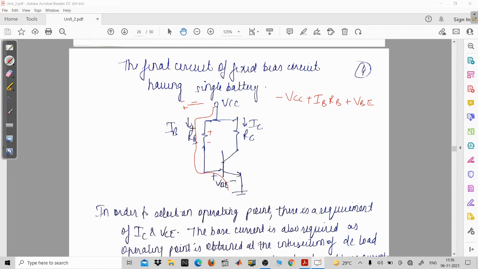For the voltage drop, I always take positive, then plus VBE. So again, you are moving from positive to negative. So that is 0. Now from this equation, you can simply calculate IB. So IB will be equal to VCC minus VBE upon RB. In this way, you can apply the KVL at the input port.